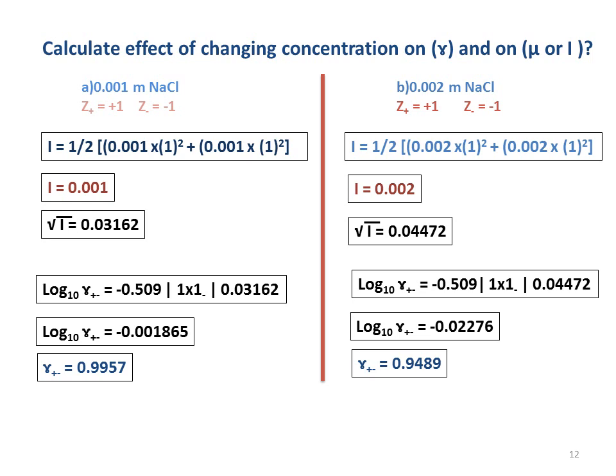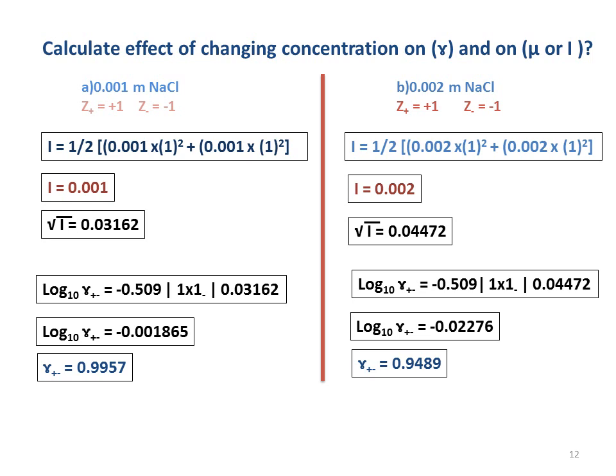Below, we have the formula of the Debye-Huckel law: log gamma positive negative to the base 10 is equal to minus A into mod Z positive into Z negative mod, then square root of I. So putting values, the mean ionic activity coefficient gamma positive negative is 0.9957.